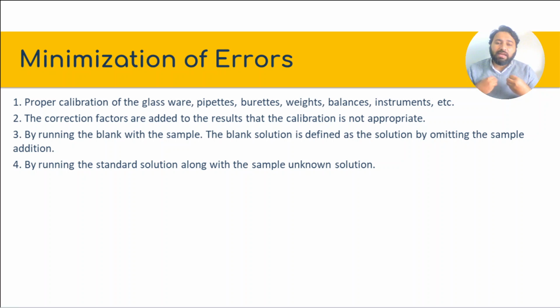We are going to calculate the percentage purity, so we must have a standard solution so that we can compare the unknown sample solution's quantity or identity with the known standard solution. In this, the weight of the unknown sample is determined and compared with the standard solution.